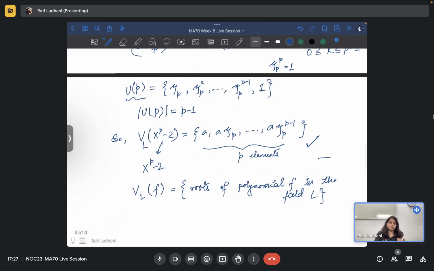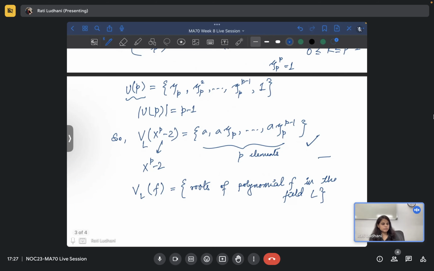This just writes all the roots of polynomial f, or better I should say zeros, because I am just using the polynomial. So zeros of polynomial f in the field L.